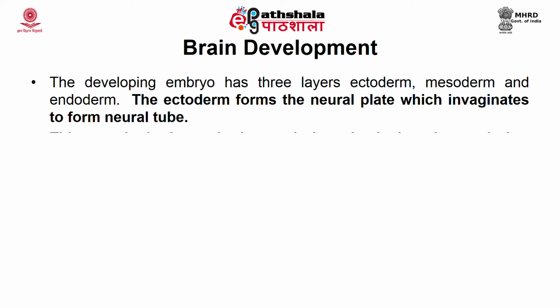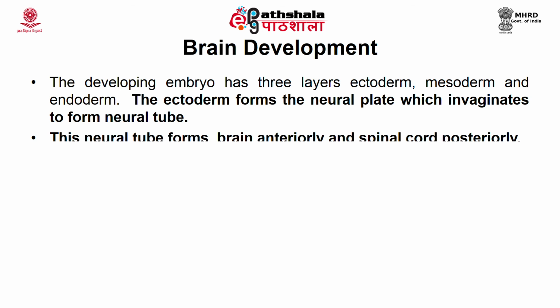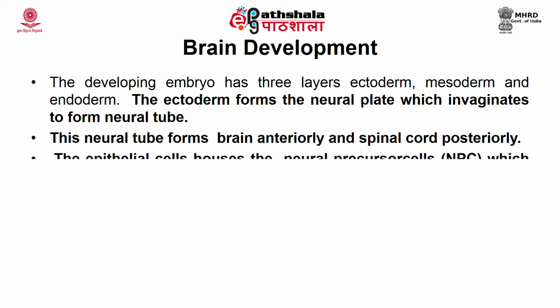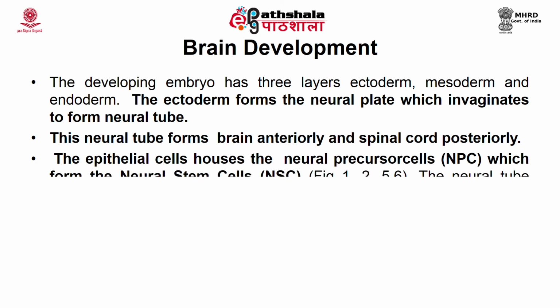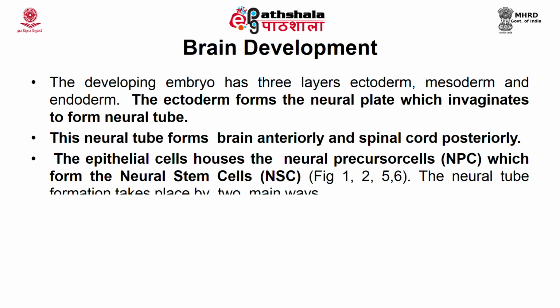The neural tube forms the brain anteriorly and the spinal cord posteriorly, and the epithelial cells of this neural tube house the neural precursor cells or the NPC, and these help to form the neural stem cells.